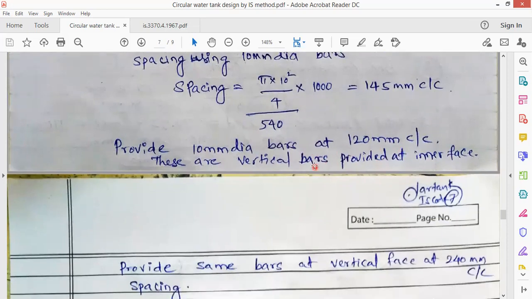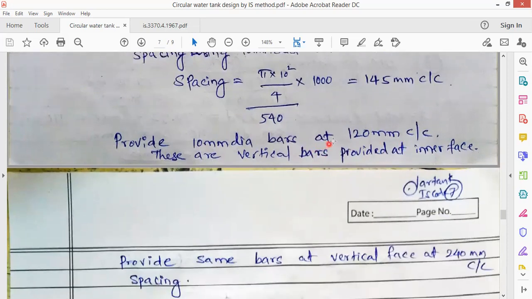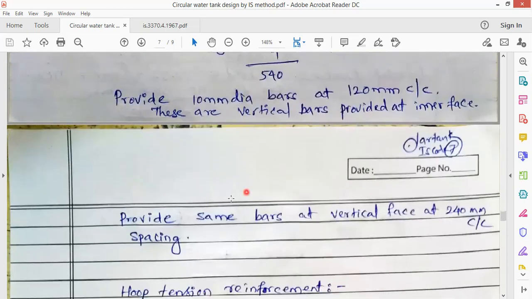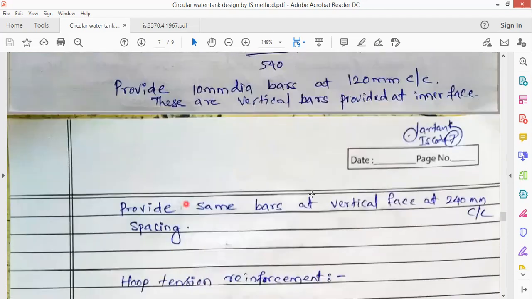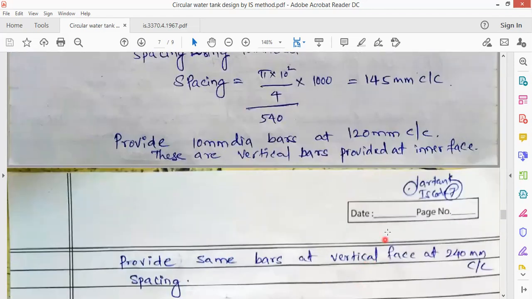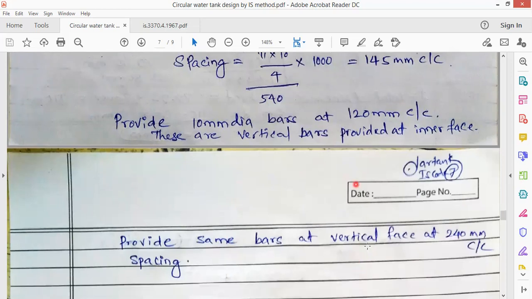Mainly they are provided at the corners and near corners. So provide the same bars in the vertical direction, but at the outer face.